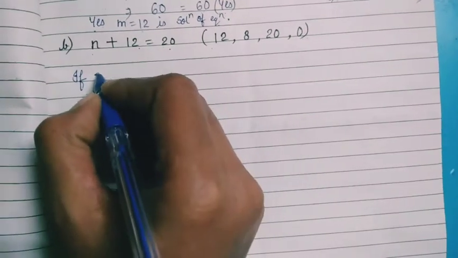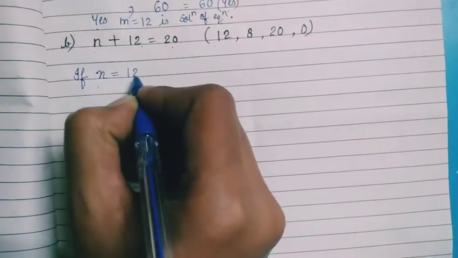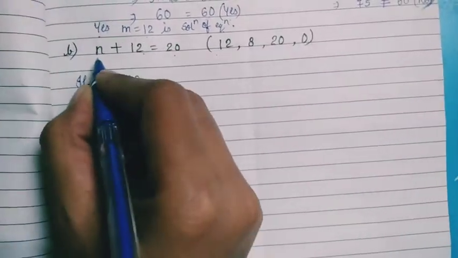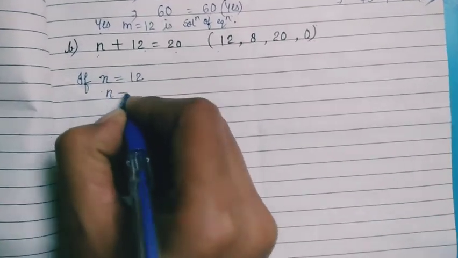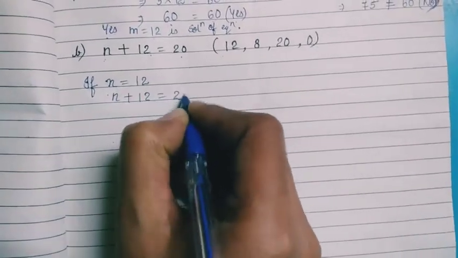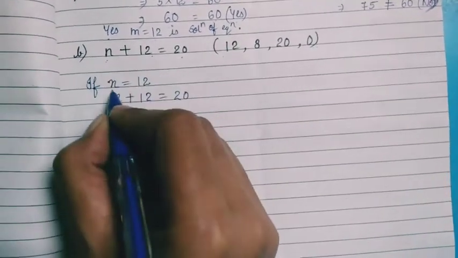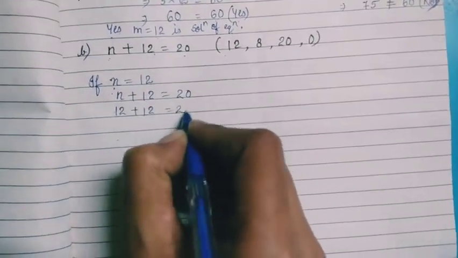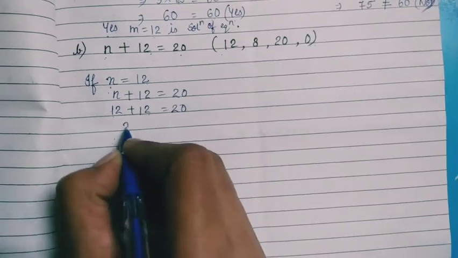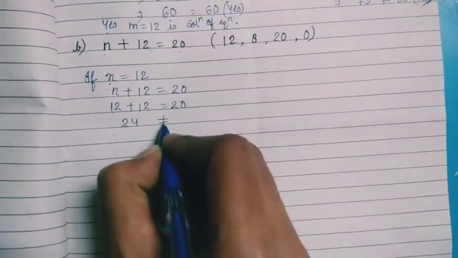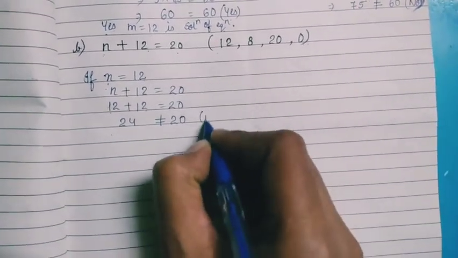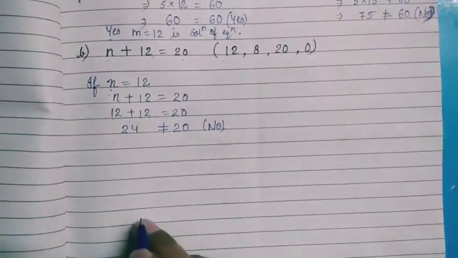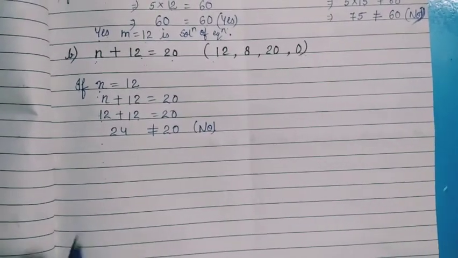So first case, if n is equal to 12, the equation is n plus 12 is equal to 20. In place of n we will put 12. 12 plus 12 is 24, which is not equal to 20. It means this is not the solution of the equation.